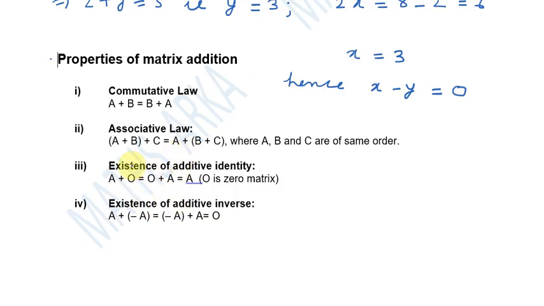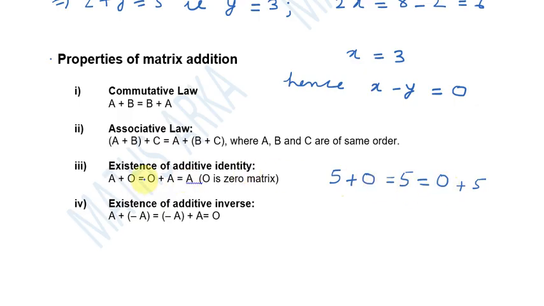Now, existence of additive identity. For example, for real number addition, if we add 5, what is the additive identity for real numbers? It is 0. 5 plus 0 comes out to be 5, and of course the commutative property is also followed. So for real numbers, 0 is the additive identity.